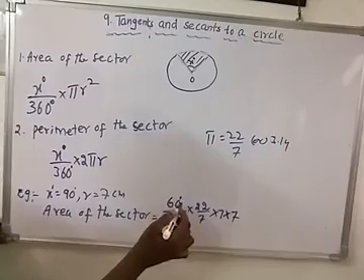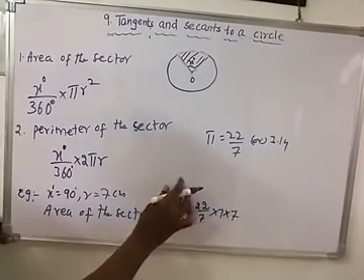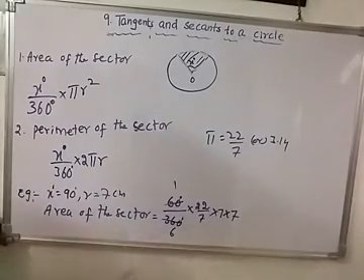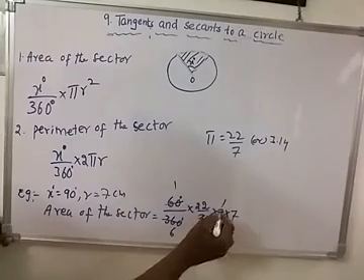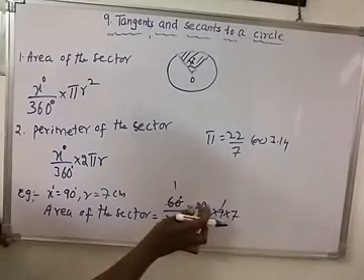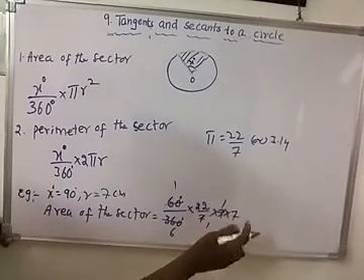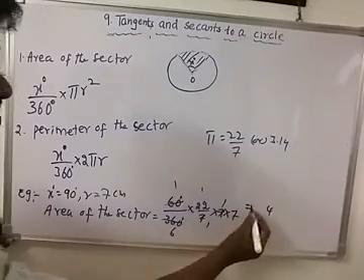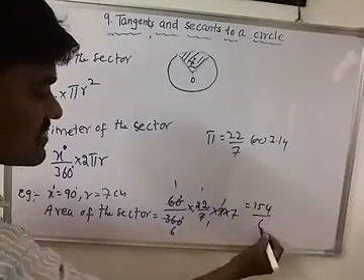Now 7 cancels out, and the remaining is 22 into 7, that is 154 by 6.